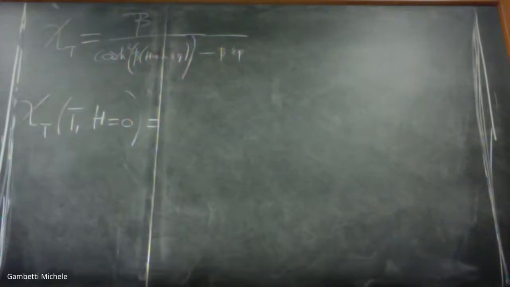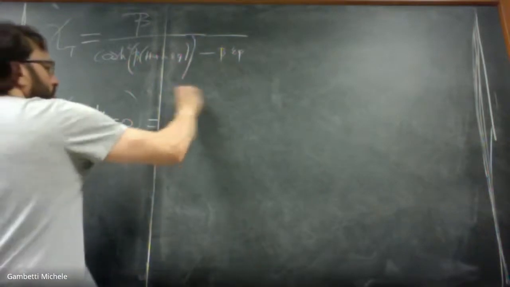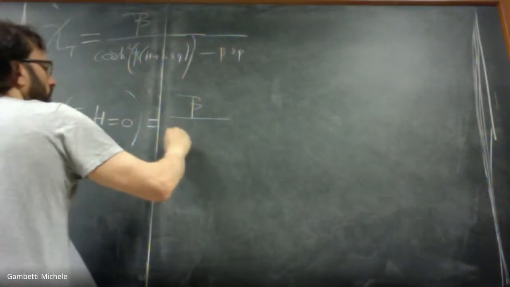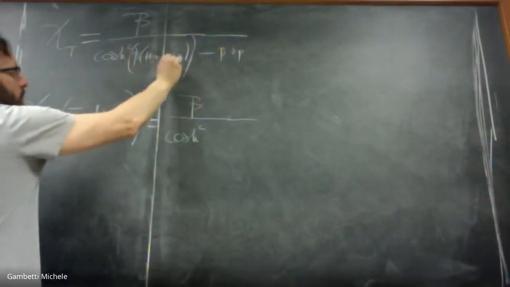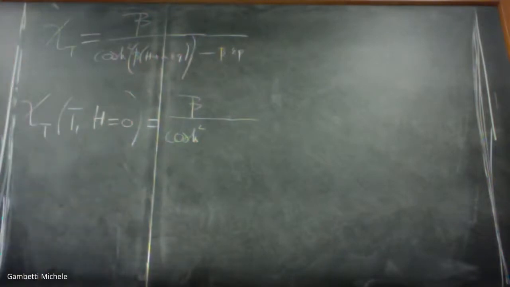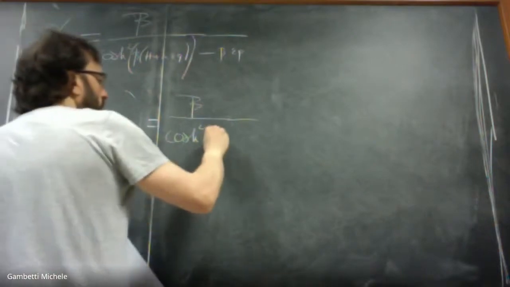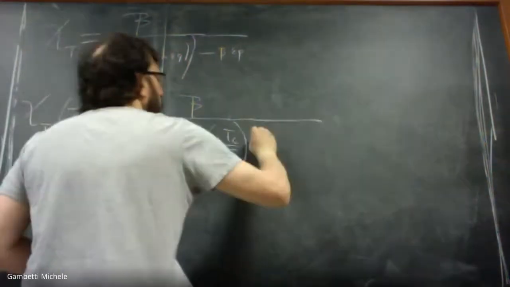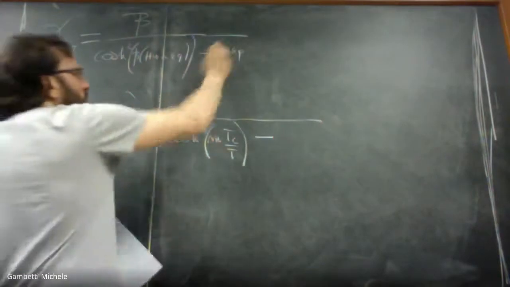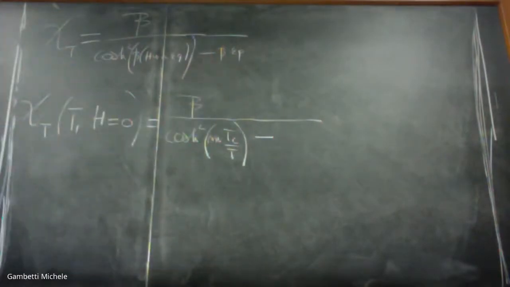So what we get is beta divided by cosh squared, with h equal to 0, and here I have beta m epsilon q, which can be written as beta times Tc divided by T, times m. And similarly here, this beta epsilon q is again Tc divided by T.